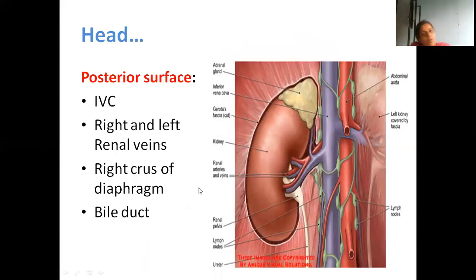If you remove the head, what structures do we see behind that form the posterior relations of the head? You will see it is related to the inferior vena cava, the right and left renal veins. This is the right crus of the diaphragm. We also see the bile duct.